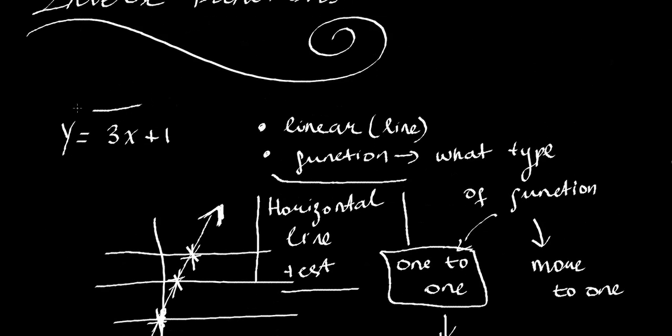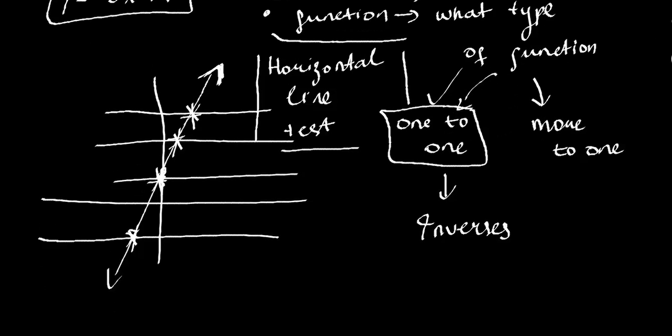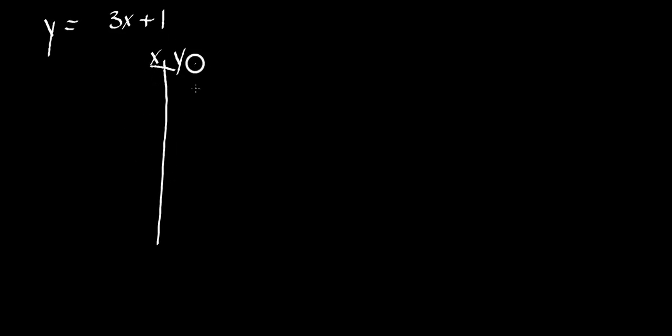Now that we know y equals 3x plus 1 is one-to-one, we can easily find its inverse. But hold on, we still need to understand what an inverse is. Let me write our function here. If we make a table of values for this function, we plug in x's to get our y's.